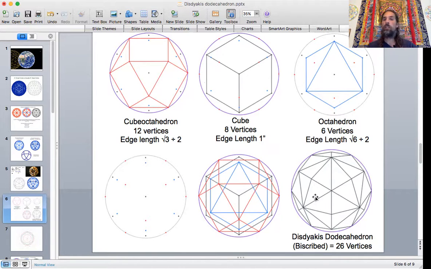I didn't include it. I just followed these lines that are part of this disdyakis dodecahedron. So essentially that reduced it to 4 great circles for the cubeoctahedron that were represented in there. So there should be 20 additional great circles, is basically what I'm saying.